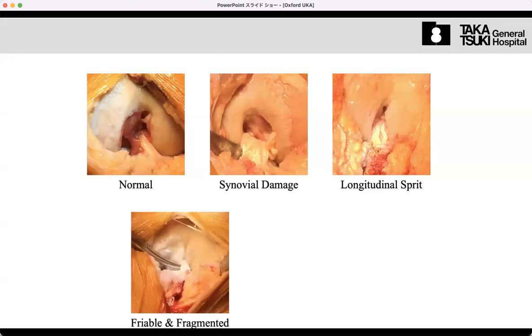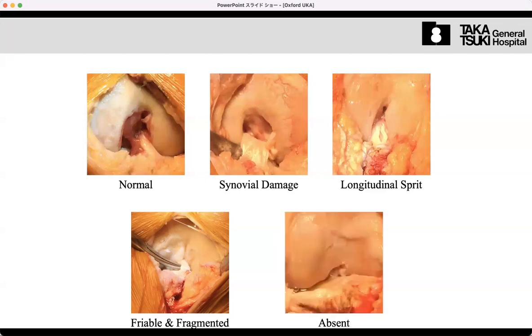On the other hand, there is the fragmented category. The fiber exists, but it is very fragile and easy to break. Or sometimes in hooking, it can be torn easily. The ACL fiber exists, but it doesn't work anymore.